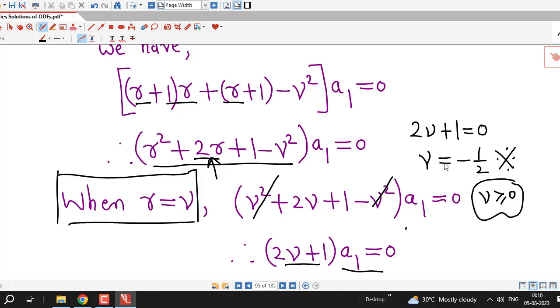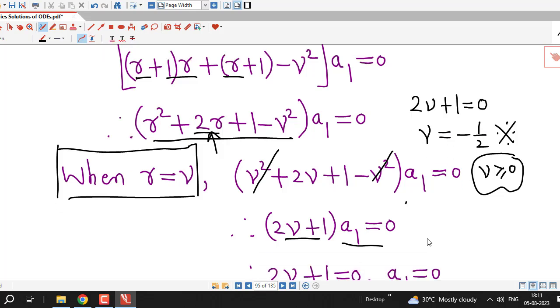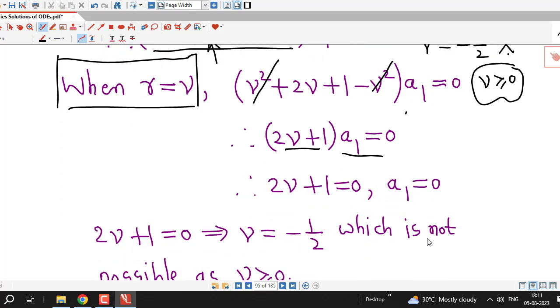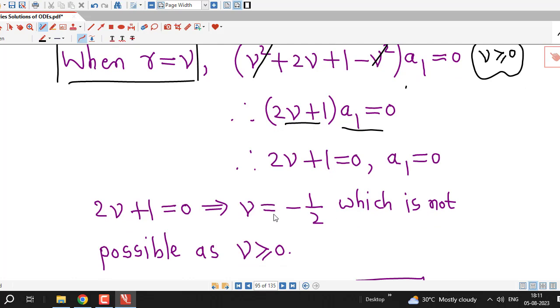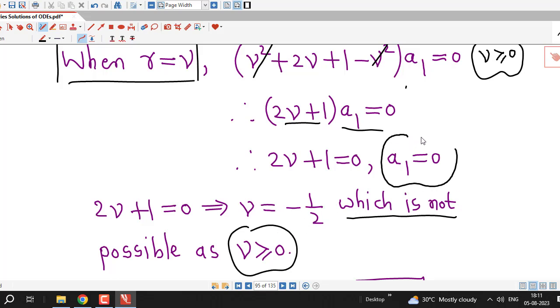Nu cannot be negative, therefore nu equal to minus 1 by 2 is not possible. Therefore we must have a1 equal to 0. So here we have written that nu equal to minus 1 by 2 is not possible, as nu is a non-negative real number. Therefore we must have a1 equal to 0 when r equal to nu.